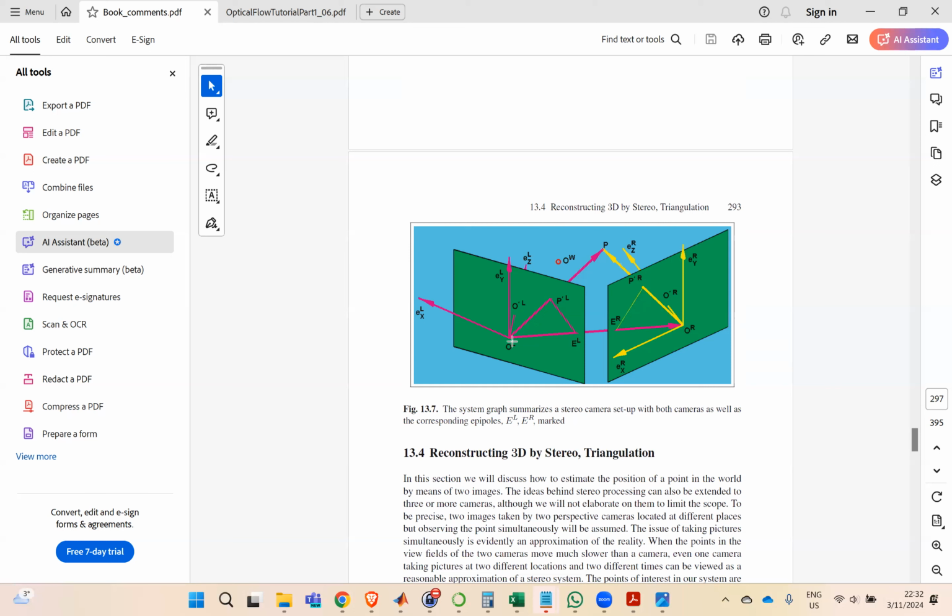It is the point where the line connecting the two camera centers OL and OR punches through the screen, creating the epipole. The point where you punch the screen is the epipole here, and on the other screen the epipole is here. Is that clear? Yeah, clear.